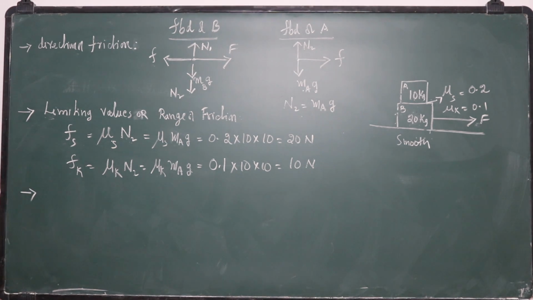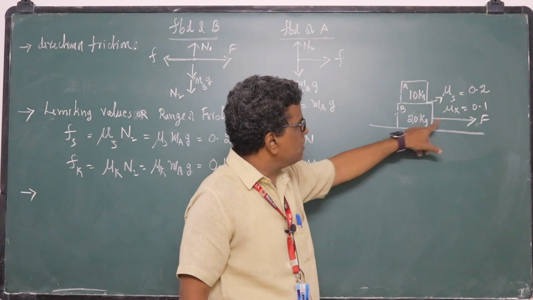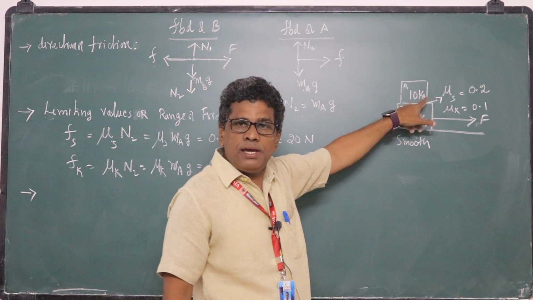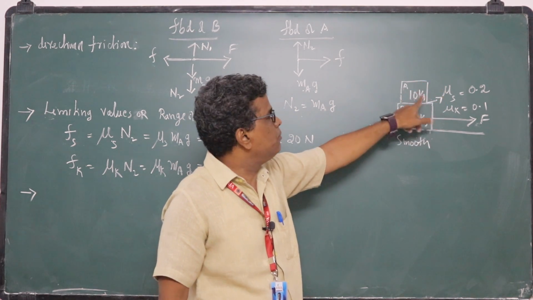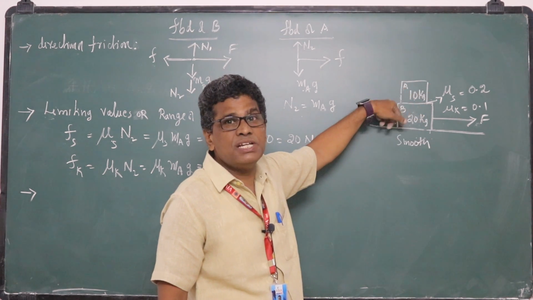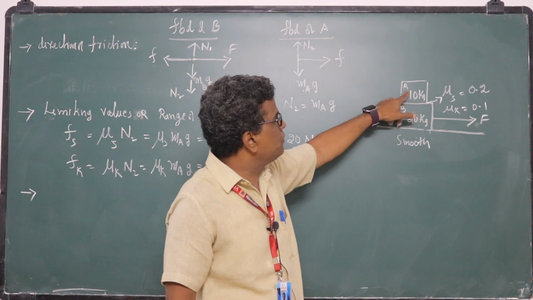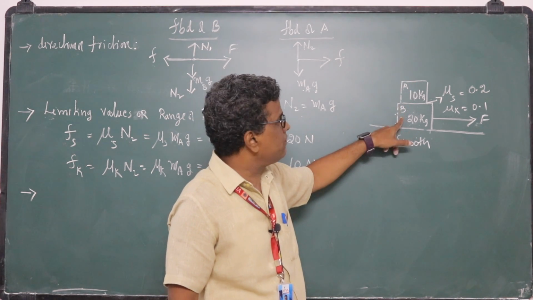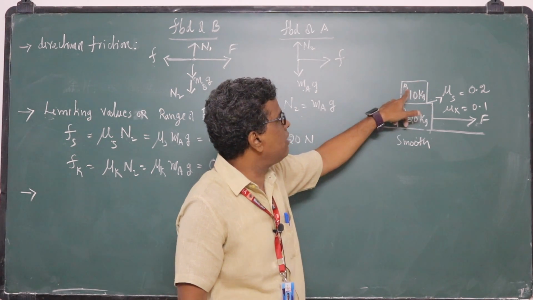The next step is, see, when the force acts on block B, the external force, block A also tends to move. Why? Because of frictional force. When there is no friction between these two blocks, it will slip. So because of frictional force, block A also moves along with block B. What is the force acting on block A?